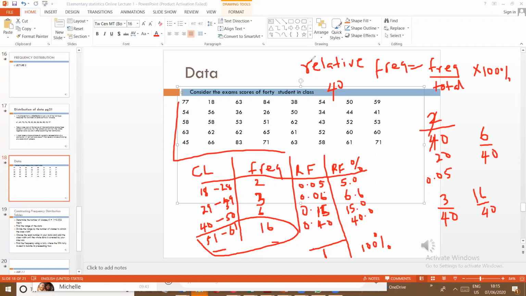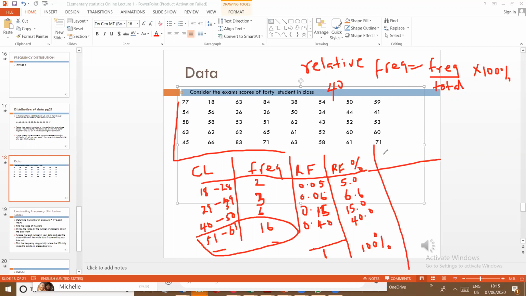Then finally, we have like 15 minutes to go. We also want to look at what we call the boundaries. So what we constructed was the limits. We want to look at the class boundaries.